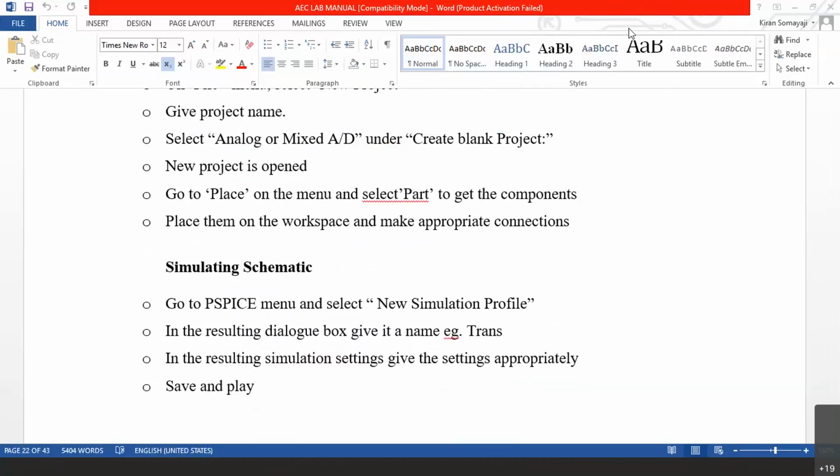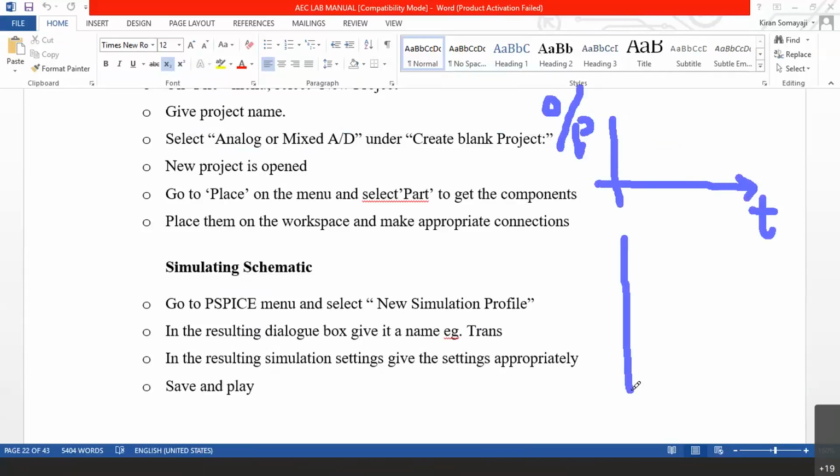Now, I have a question again to students. Let us say my x-axis is time and let us say y-axis is output. This is one. Let us say x-axis is frequency. Let us say y-axis is output.